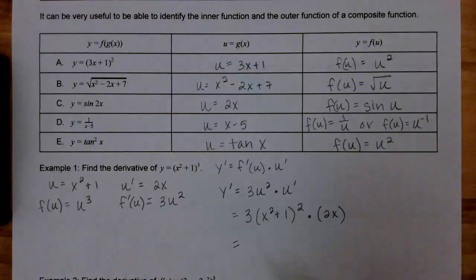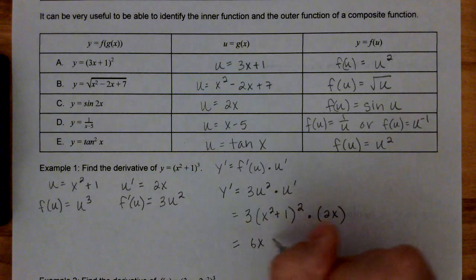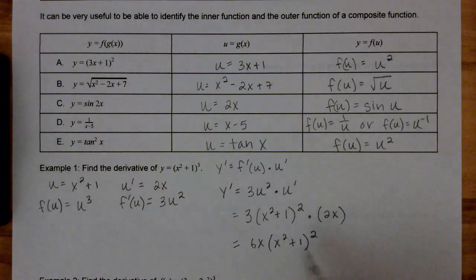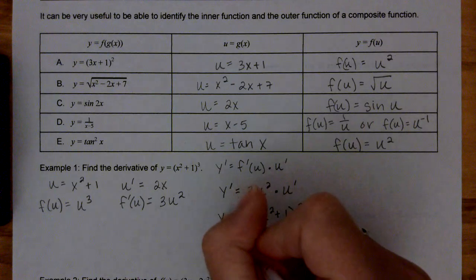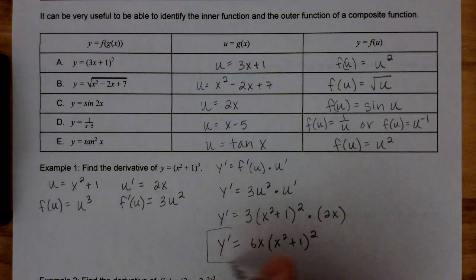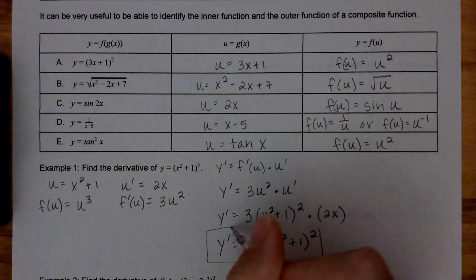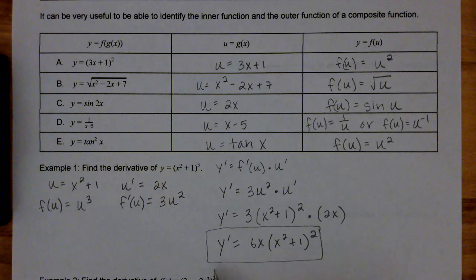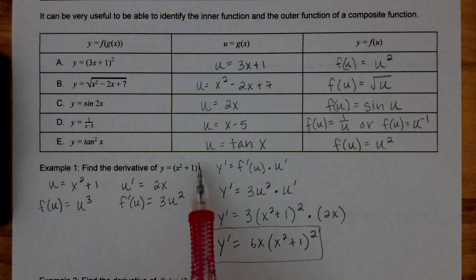So 3 times 2x is going to give us 6x times x squared plus 1 squared. You do not need to spend the time to expand this out. Just going to clean it up a little by adding my y prime. This would be my final answer. So that's my slope at any point along my original function y equals x squared plus 1 cubed.